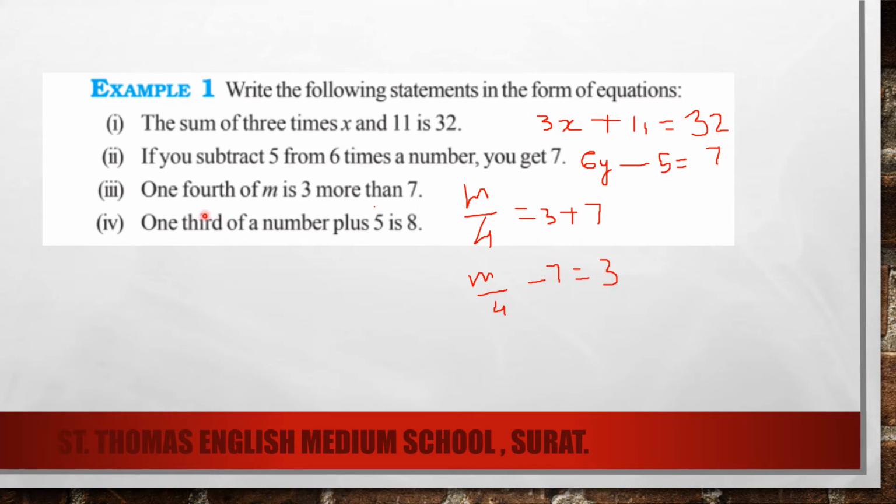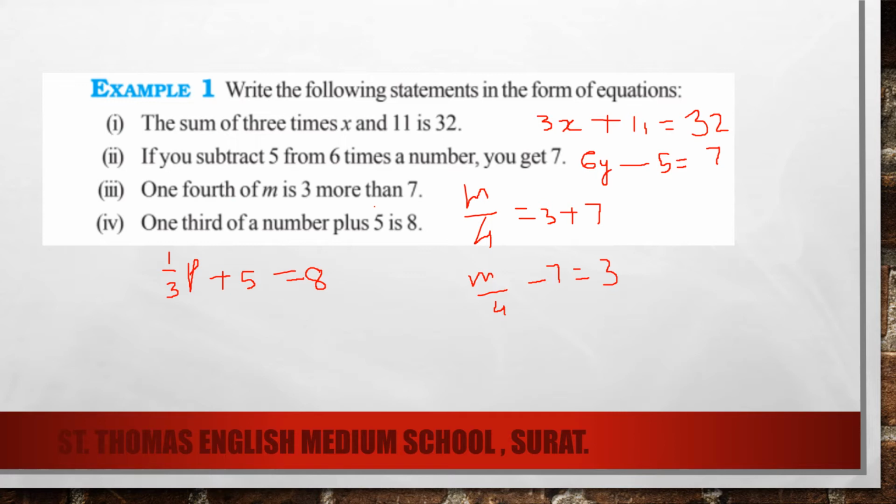Now, 1/3 of a number plus 5 is 8. What is the meaning of 1/3? 1 by 3, of a number. The number is not given, you can take any letter. I am taking p here. So 1/3 of p, plus 5, is means the equal sign, is equal to 8.